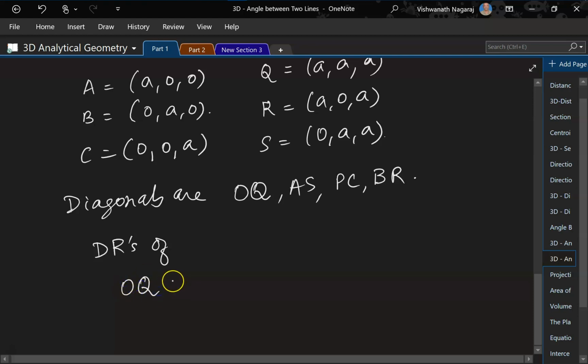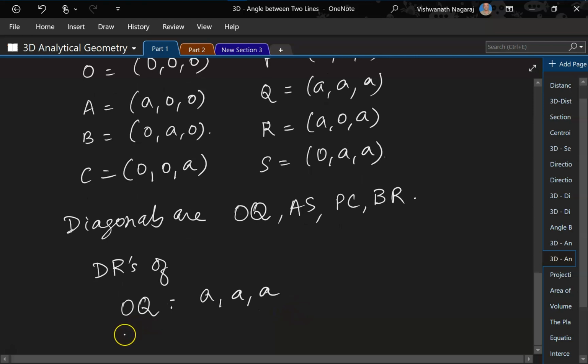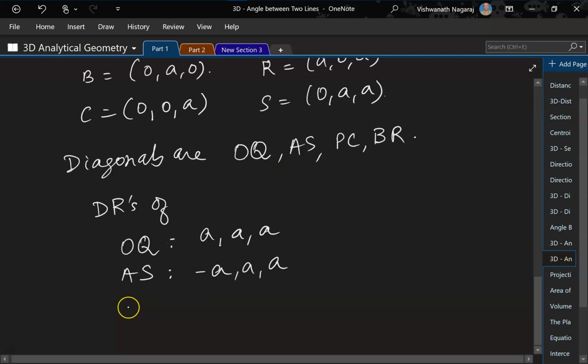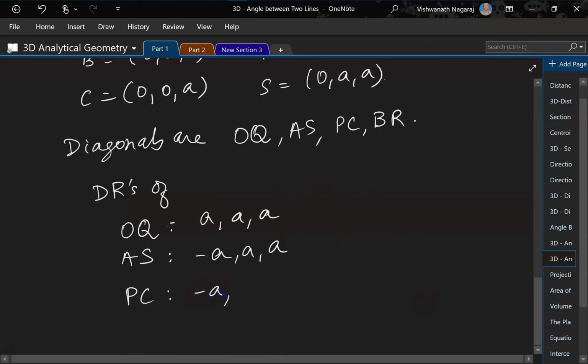Now the direction ratios of OQ are equal to what? OQ would be a minus 0, a minus 0, a minus 0, so that means (a, a, a). Now AS: A is this, S is this, so the direction ratios would be (-a, a, a). The direction ratio of PC, P and C, is 0 minus a, so (-a, -a, a).